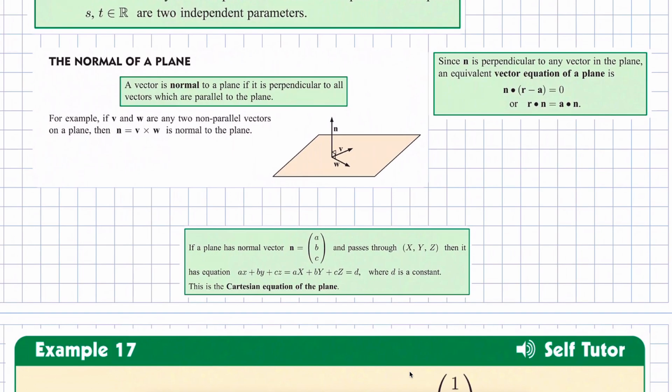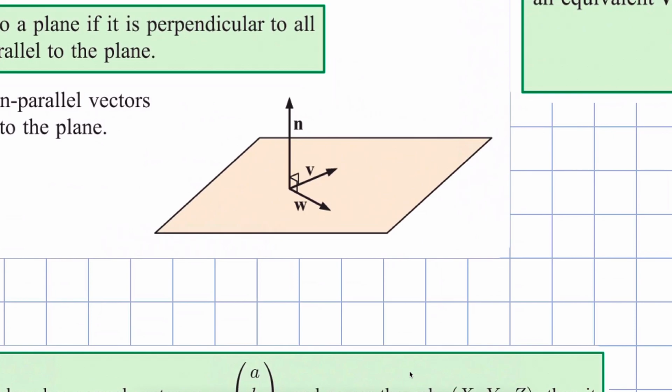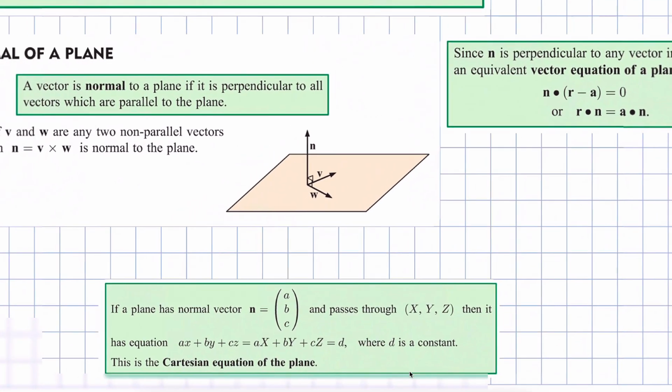If we look at that diagram, our V and our W are drawn parallel to the plane. So there is a vector that can be drawn that comes out at 90 degrees to both of those, and hence it will also be 90 degrees to the plane itself. And we already have the maths to deal with that.